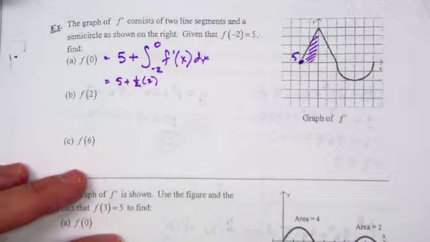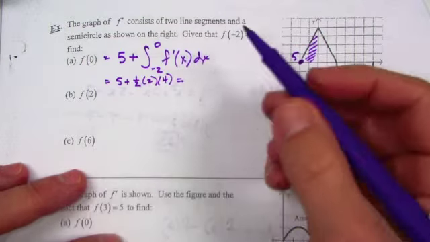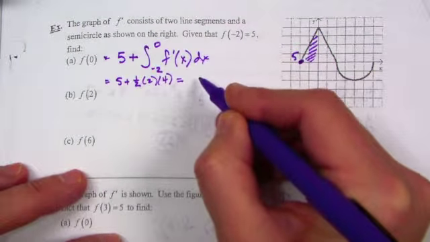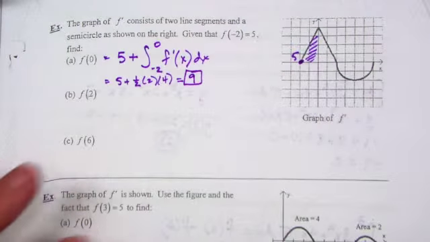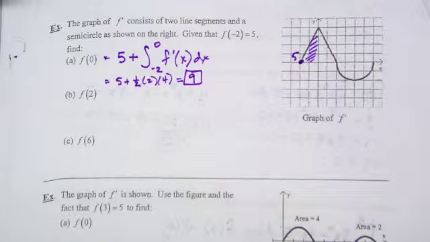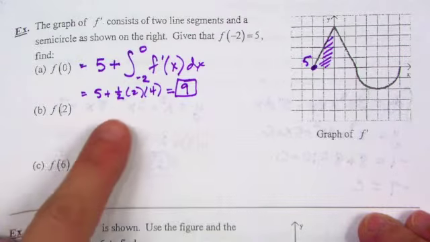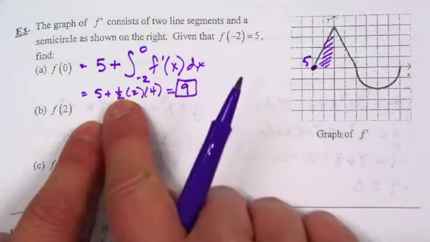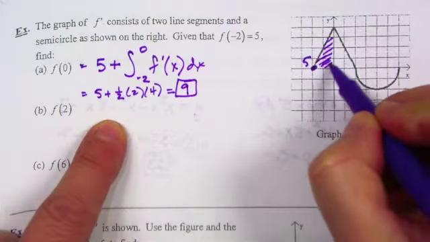What's the height? 4. So what is f of 0? 9. This is 1/2 of 2 times 4, because I was just doing this triangle right here.